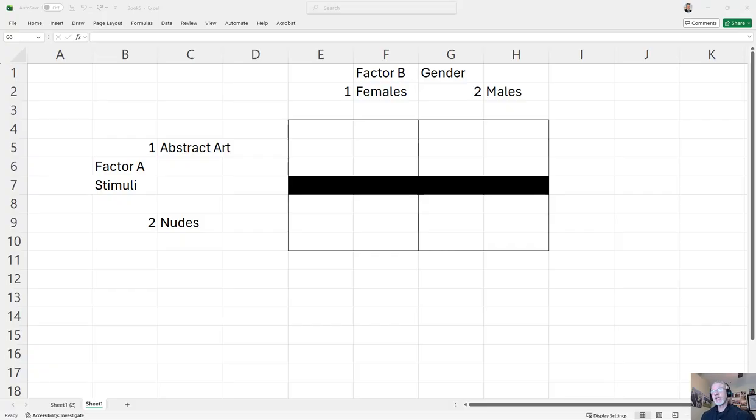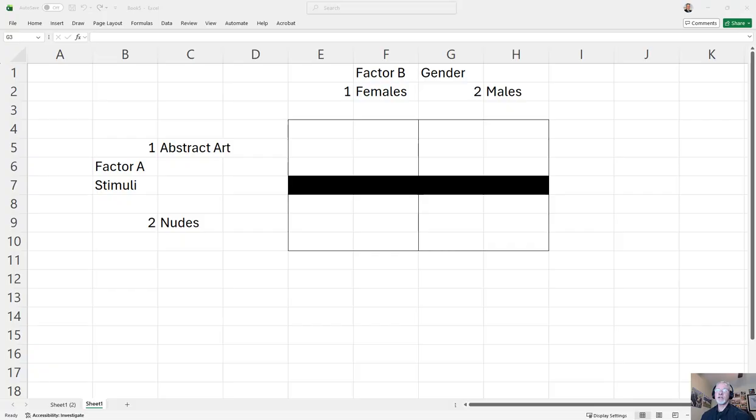So in more recent years, someone tried to replicate those results, and they used the following 2x2 design that is shown up here. They had roughly half females and half males, and they displayed to them either abstract art or pictures of attractive nudes.